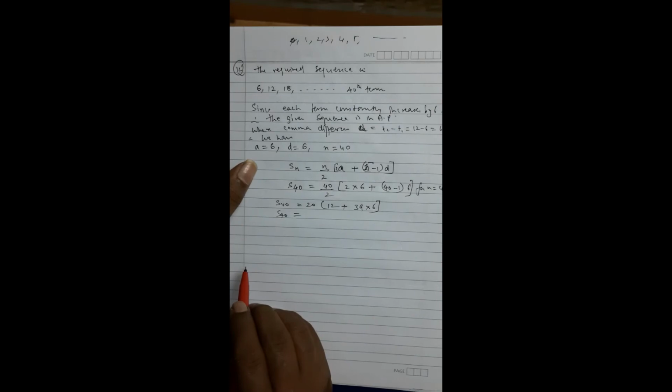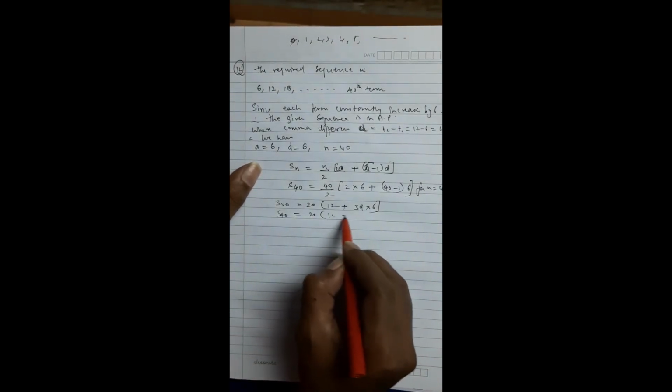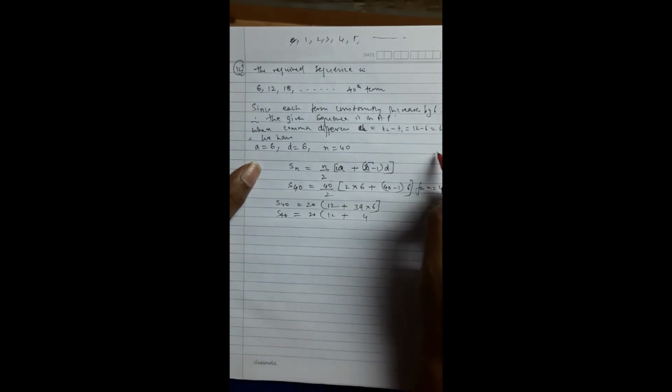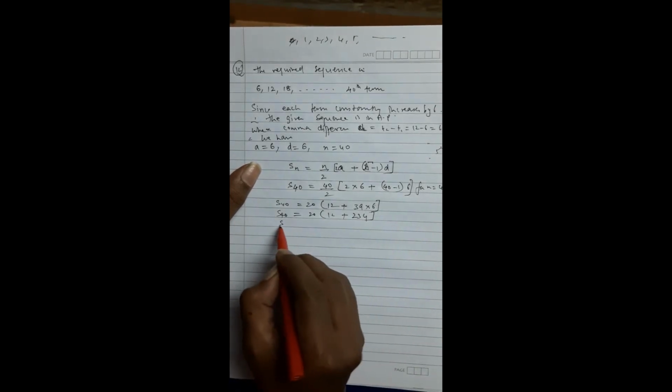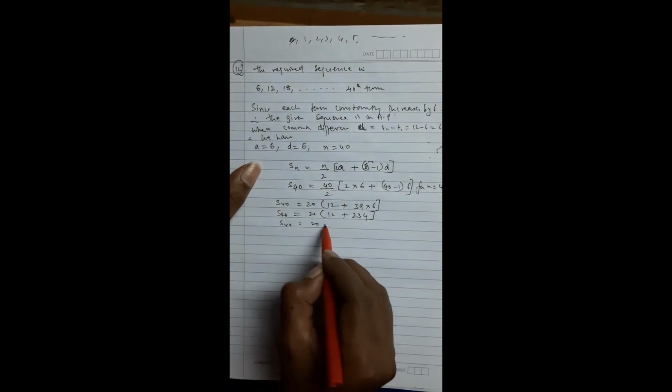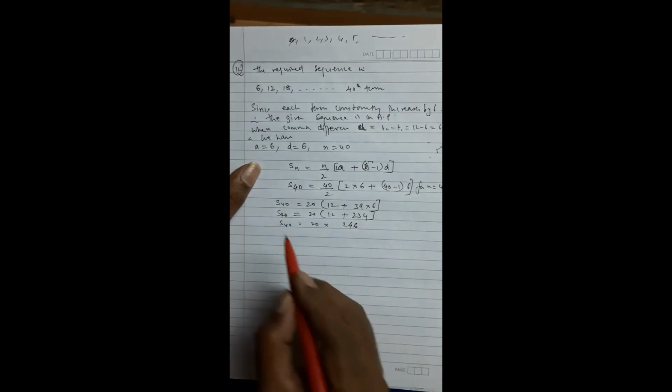I don't want to complicate it. 6 nines are 54, 6 threes are 18, 19, 20, 21, 22, 23. This is 234. I get S40 is equal to 20 into 12 plus 234, that is 246.